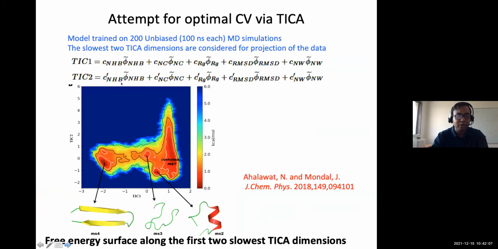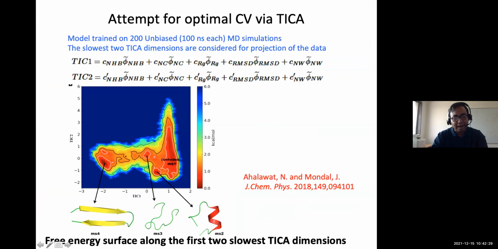But if we now think about these two different collective variables, TIC1 and TIC2, which are obtained from TICA, and project onto them, we find that, in principle, you can come up with many different metastable states apart from the unfolded and the folded state. And one can also try to create a Markov state model to even look at the kinetics from these particular things.